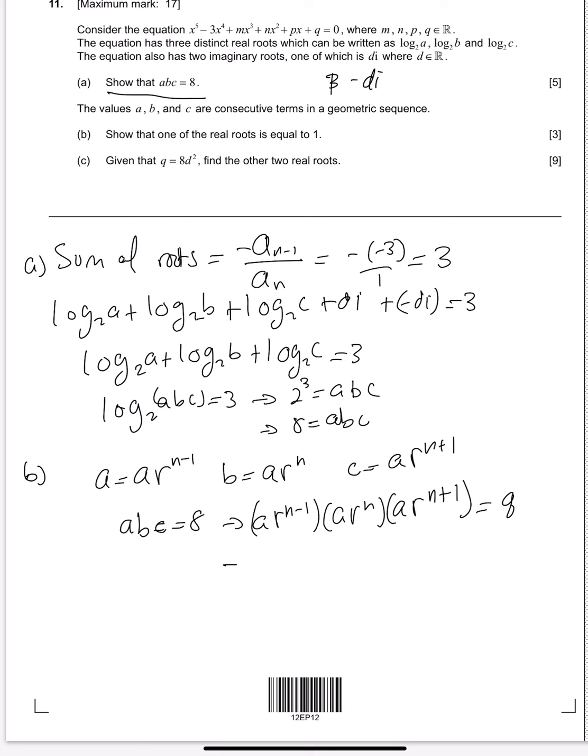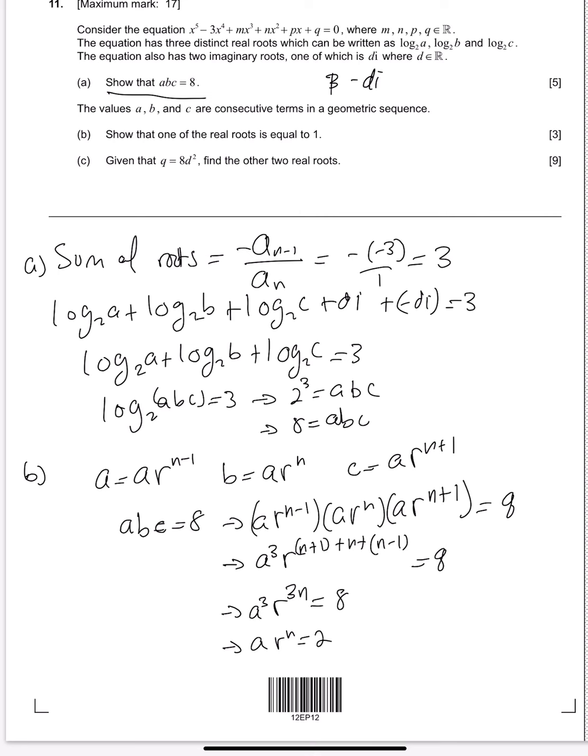Now, a times a times a is a cubed, and then I can just add up all the powers. This is a cubed r to the 3n, since n plus 1 plus n minus 1 plus n gives 3n.